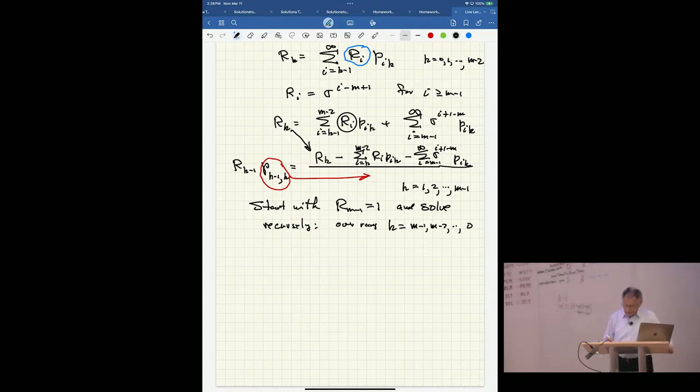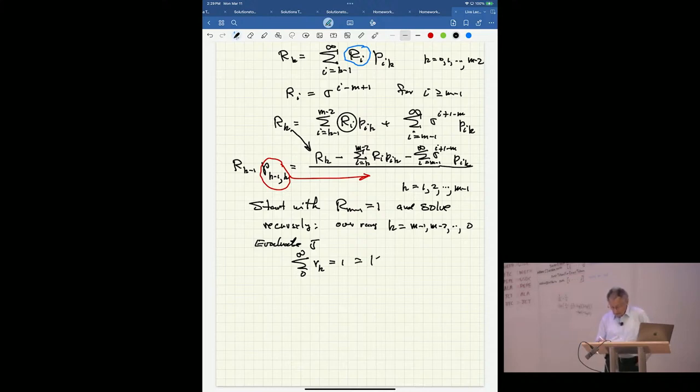Now I still have to get k, which means find j. We know again that the summation of the r sub k's is equal to 1, just like before, from 0 to infinity.